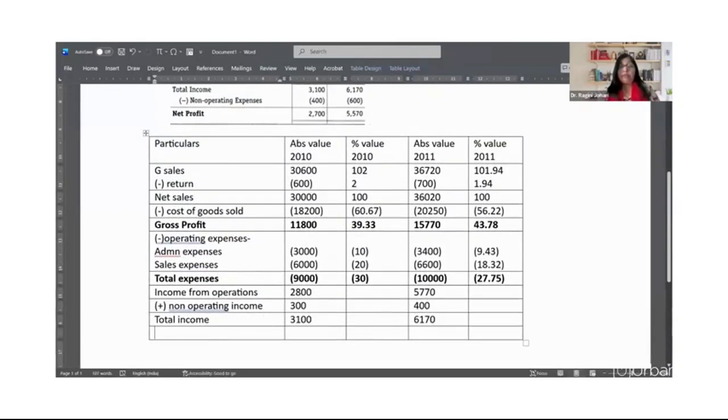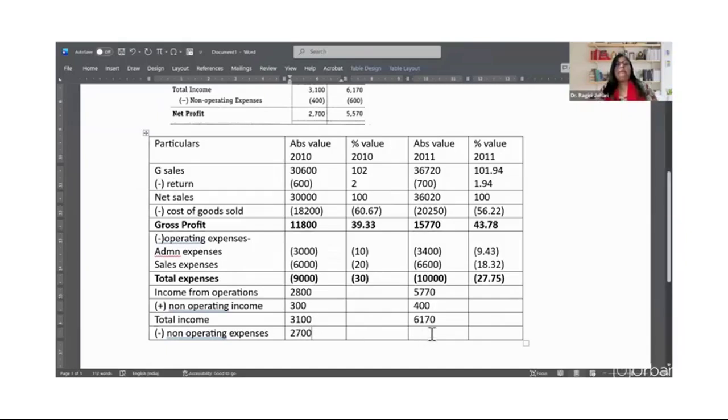Then from this we deduct the non-operating expenses, and we arrive at the figure 2,700 here.